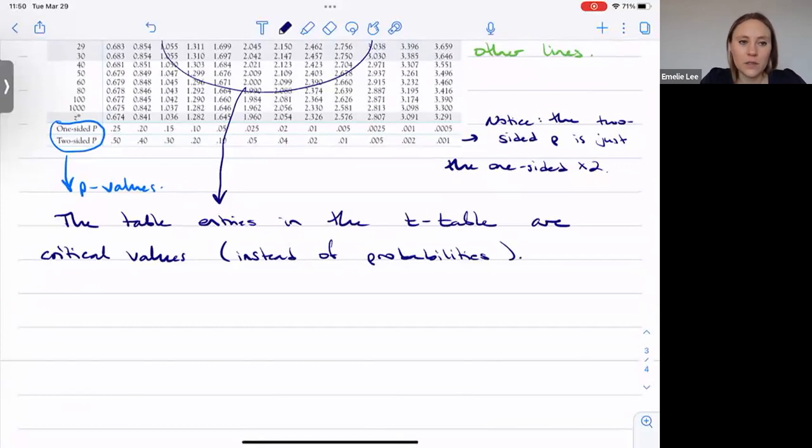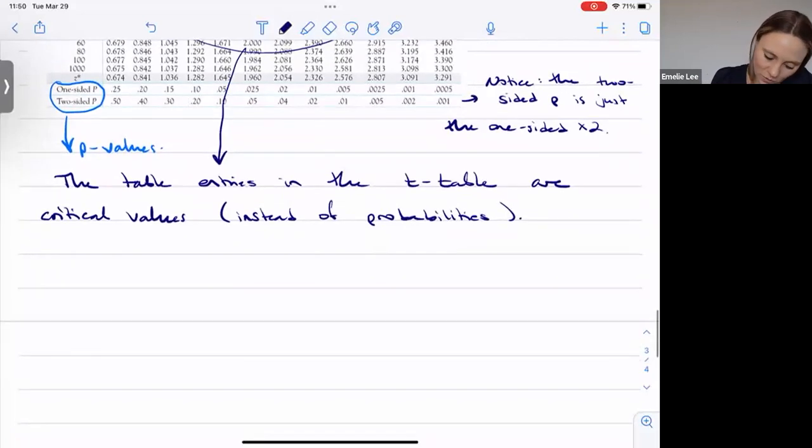We only have the positive t's, which means we would take the absolute value of the calculated t that we end up having, use the positive value and the symmetry, and then we can use it for negative values as well.